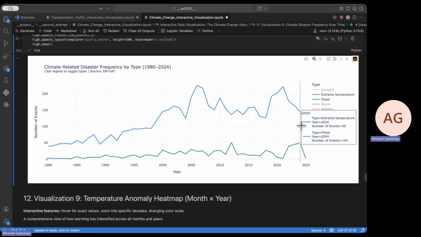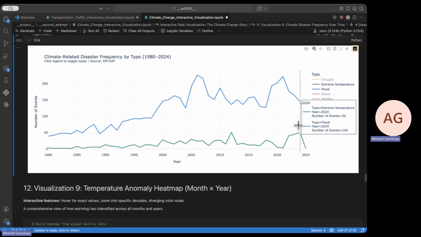So the extreme temperature events increased 17 times or more, while the floods increased only less than 4 times from the beginning of data collection, which shows the effect of extreme temperatures.